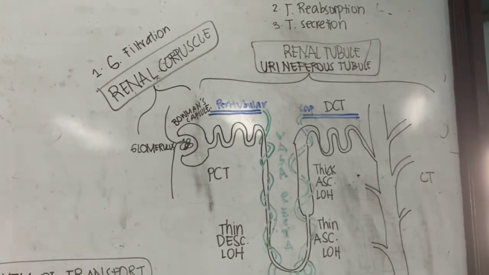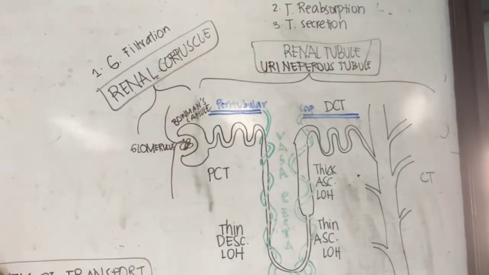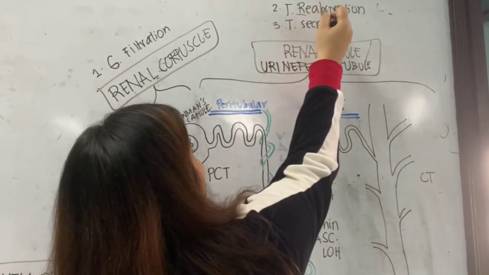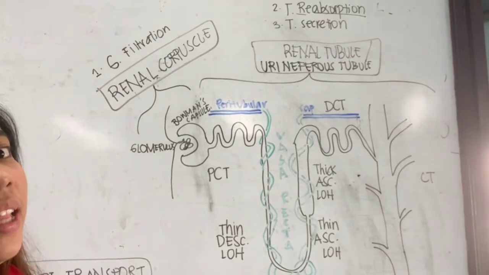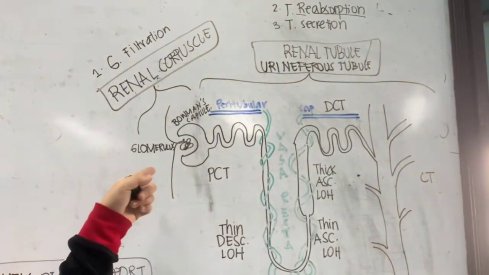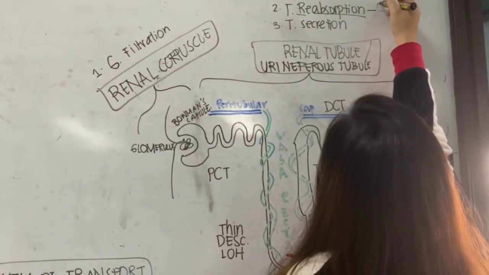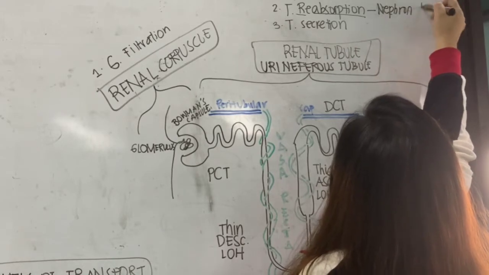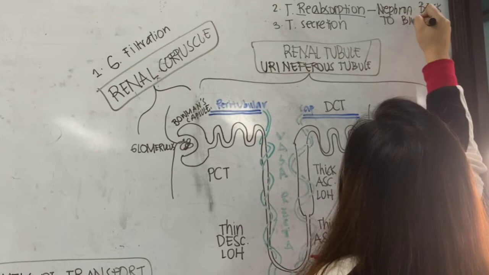The next two important steps or processes are your tubular reabsorption and tubular secretion. So what is the difference? When you say reabsorption, re again, and absorption. This just means returning to the blood what left the blood during glomerular filtration. So movement in tubular reabsorption is from the nephron going back to the blood.